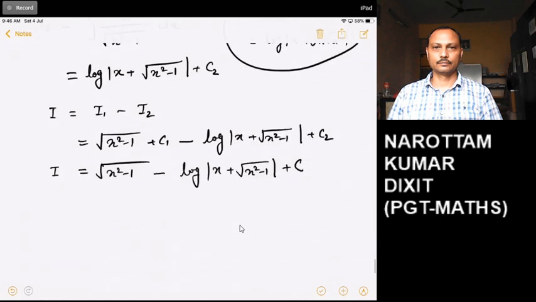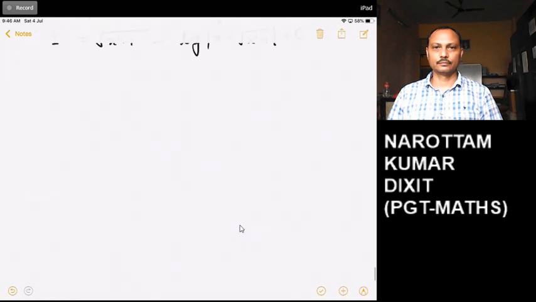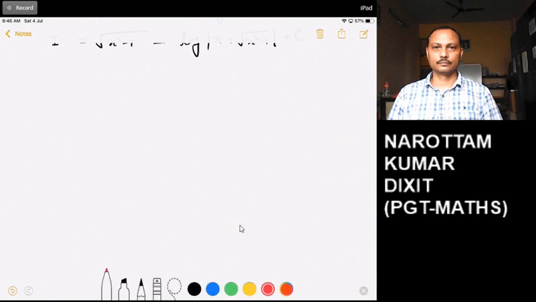Now I am taking question number 9 of this exercise, integration of sec square x divided by under root tan square x plus 4.